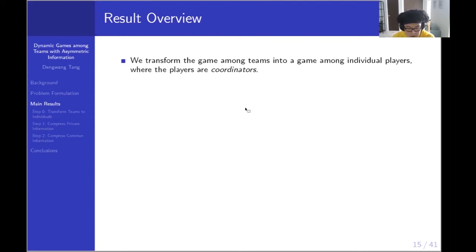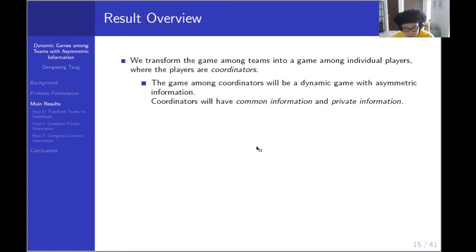So let me overview our results. The first step we are going to take is to transform the games among teams into a game among individual players, where the individual players are called coordinators. Then we will solve the game among coordinators. It will be a dynamic game with asymmetric information.